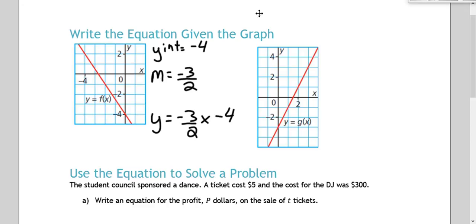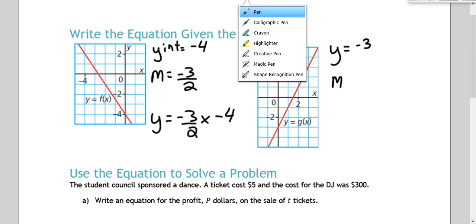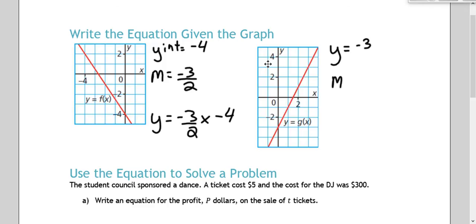Okay, this one, our y-intercept is equal to -3, and our m, let's use that pen again. We start here, and our next viable point looks about there. So then 1, 2, 1, 2, 3, 4, and it's positive because it's increasing going to the left.